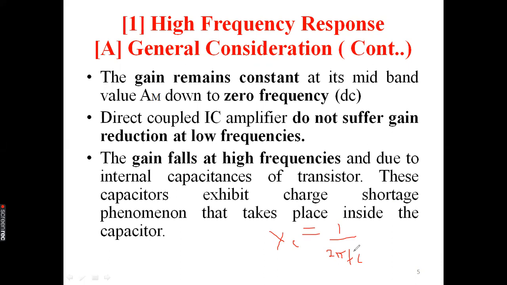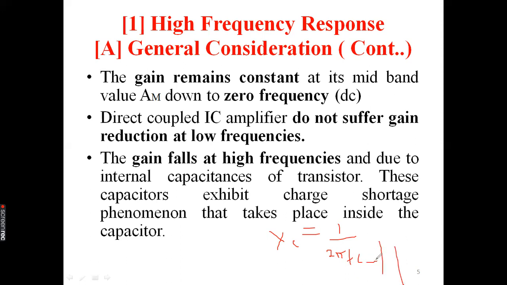So for high frequencies, the capacitance will have low reactance. Xc will be less, right? Xc less means it allows conduction of AC current. So basically this acts like a short circuit across the two capacitive plates.